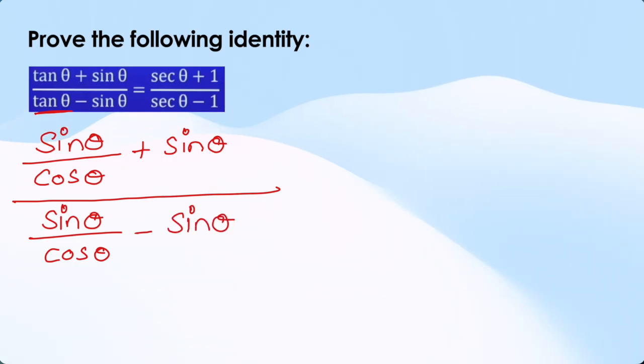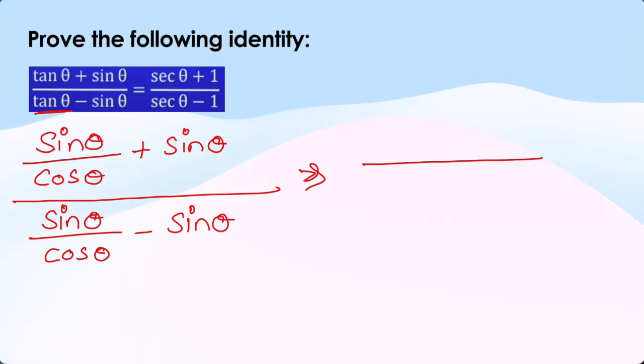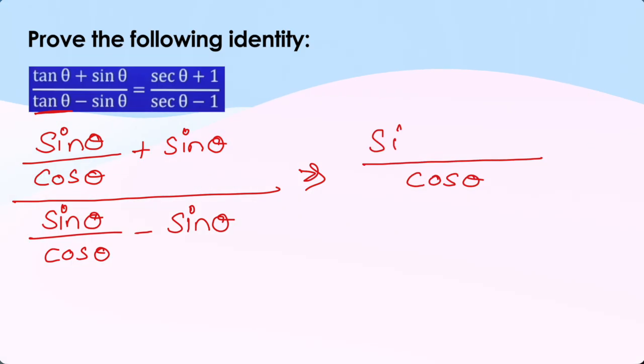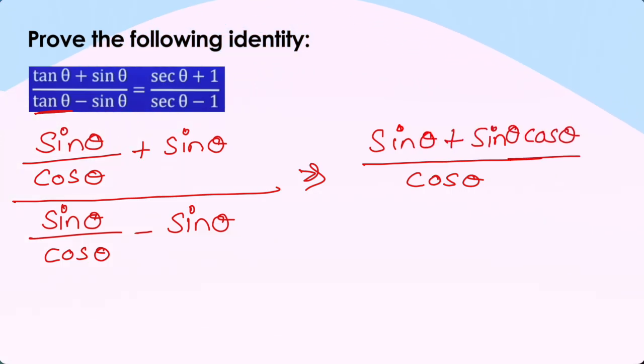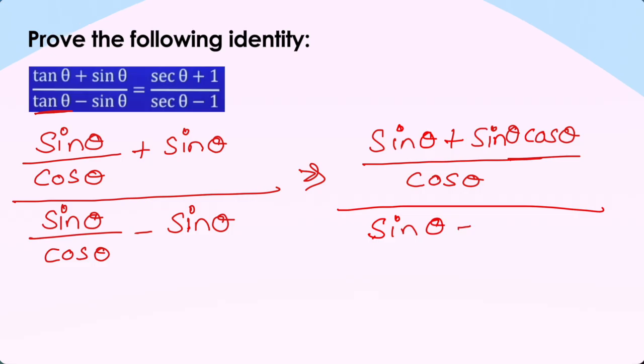Any doubt? The numerator will become, if I take the cos, it will be sine theta plus sine theta cos theta. Similarly, denominator, it will become sine theta minus sine theta cos theta by cos theta.